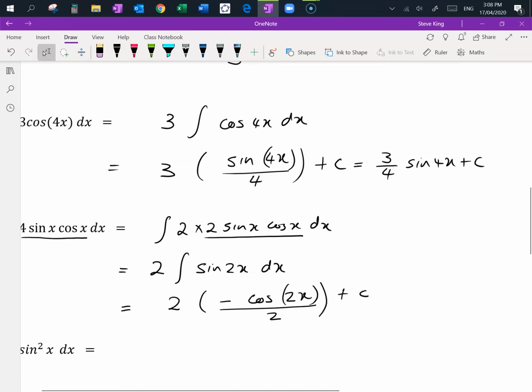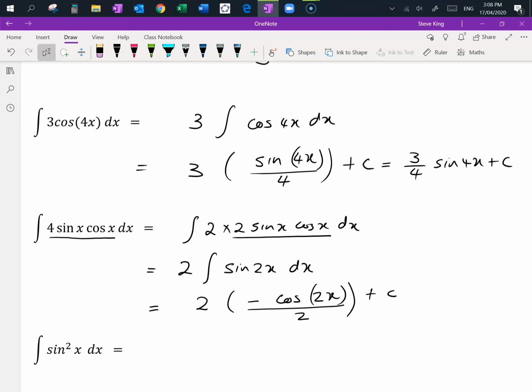So if we tidy that up, that 2 in the front and the 2 down the bottom will cancel out, and I'm going to be left with minus cos of 2x plus c. There's my integral.